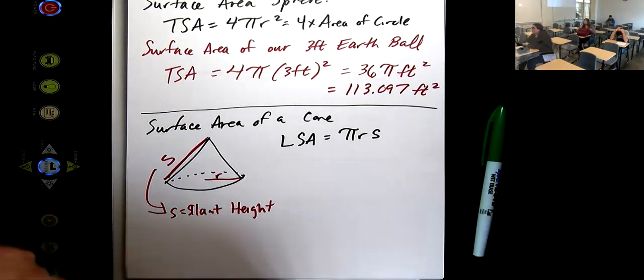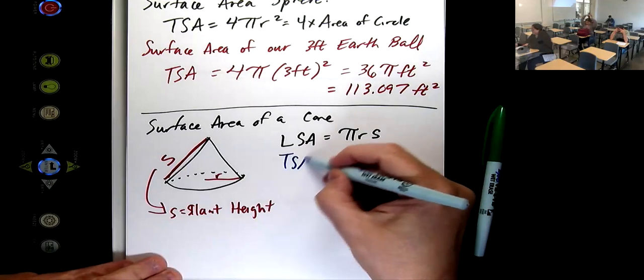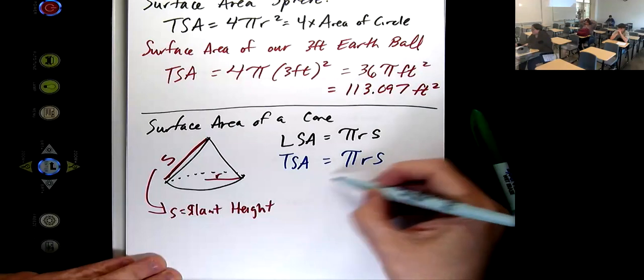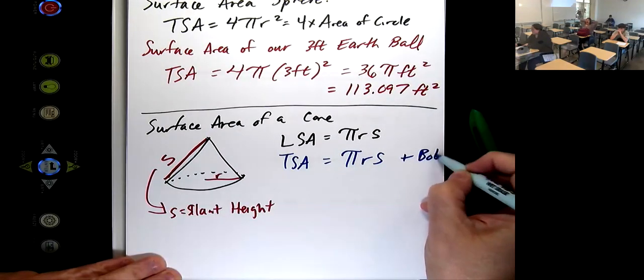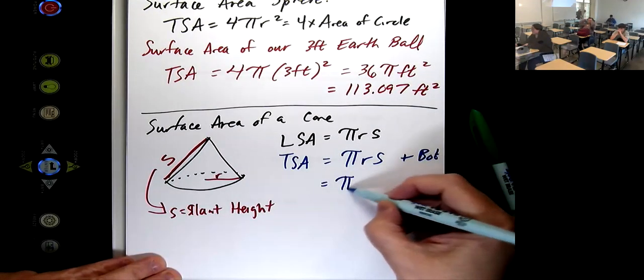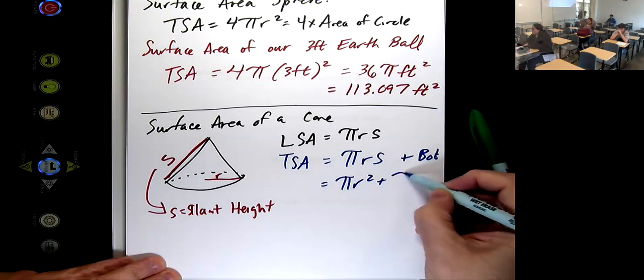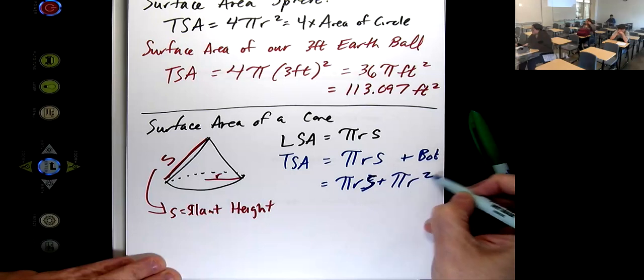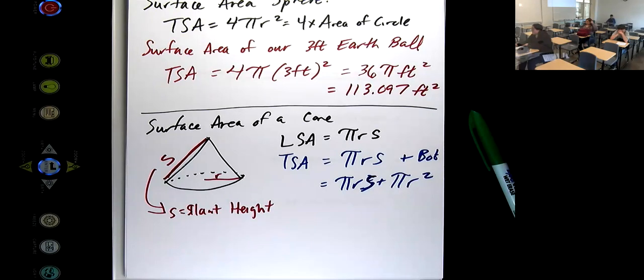And the total surface area has to have that pi r s, plus the bottom. And the bottom is pi r squared. So that is the total surface area of a cone.